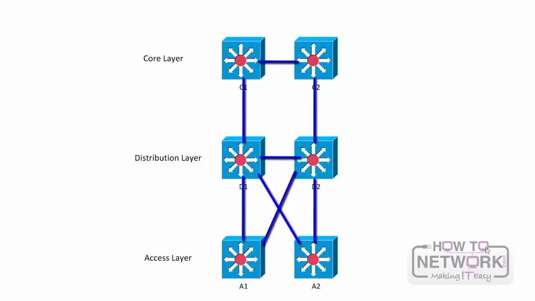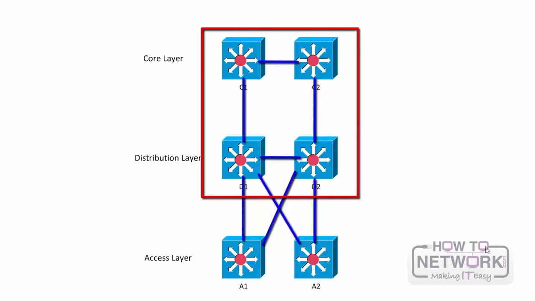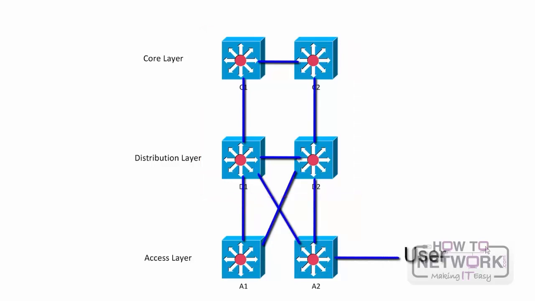Now, arranging the switches in pairs does provide switch redundancy, but only in the distribution and core layers. The access layer switches cannot provide redundancy. So users who send their traffic are not going to be spread across two access switches. They're going to be connected to one switch, and if that switch fails, they will be isolated from the network until somebody physically moves them to a different switch.